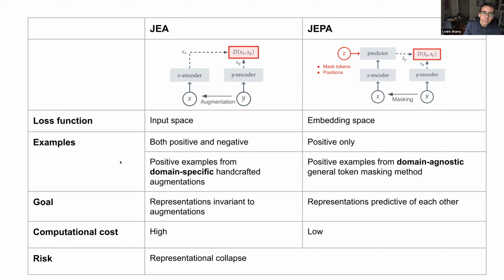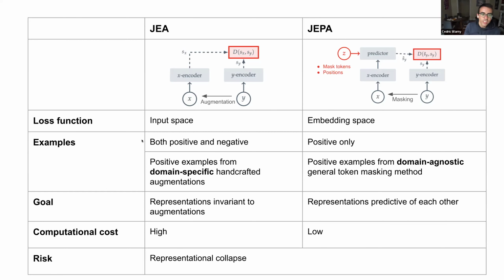The examples that we feed the model need to be both positive and negative for invariance-based methods, and that's to avoid the problem of representational collapse. Basically, if you only train a joint embedding architecture with positive examples, it collapses into a trivial solution. And so the way you avoid that, we found empirically, is to mix both positive and negative examples.